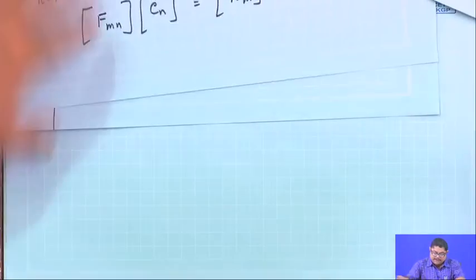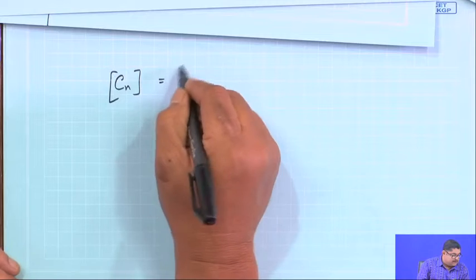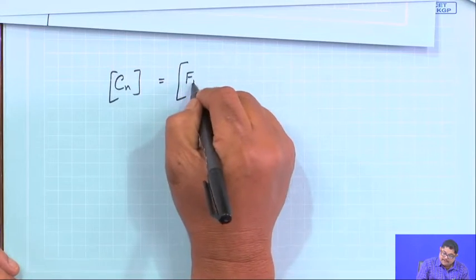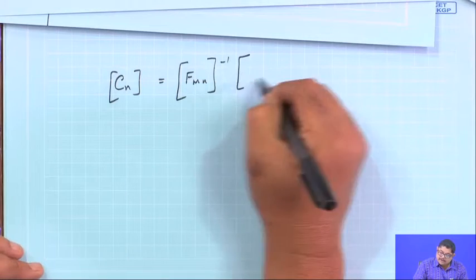So, I can write C n as F mn inverse H m.